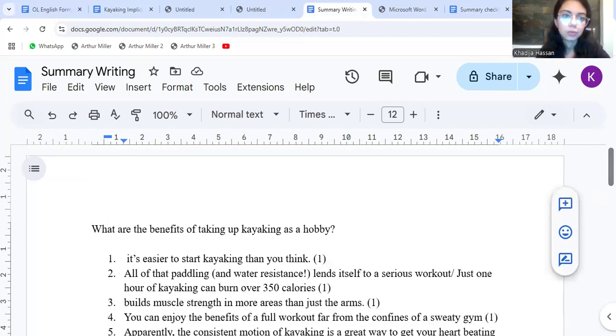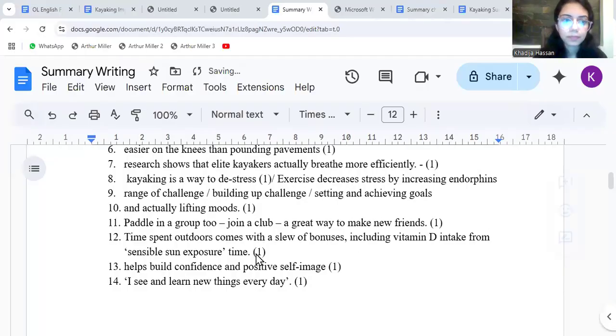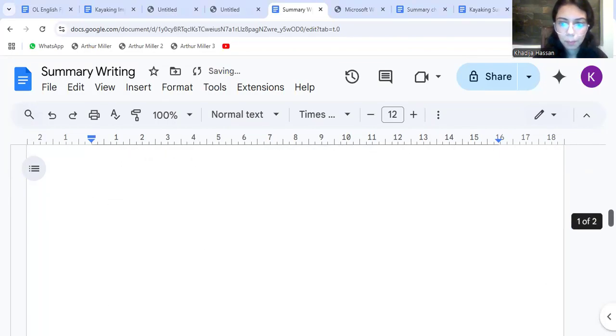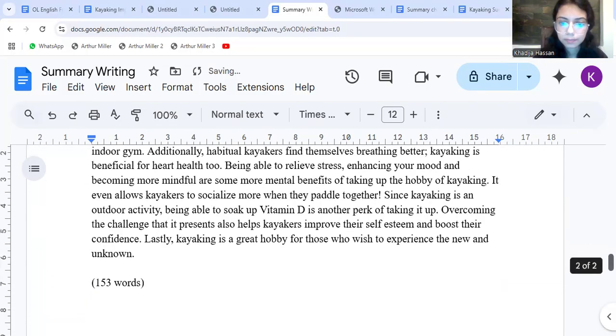And that is how you extract your points. All right, guys. So I paused the recording for a bit and I wrote the summary. We will now just be discussing it.